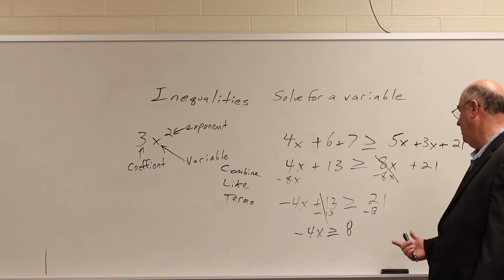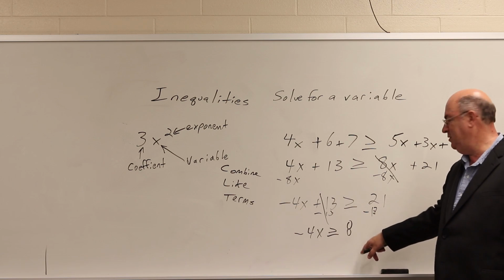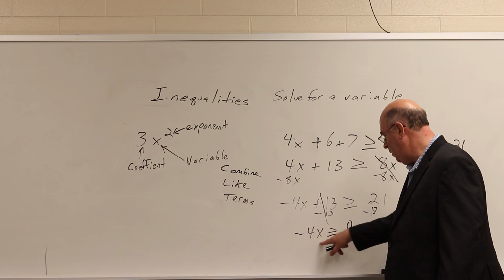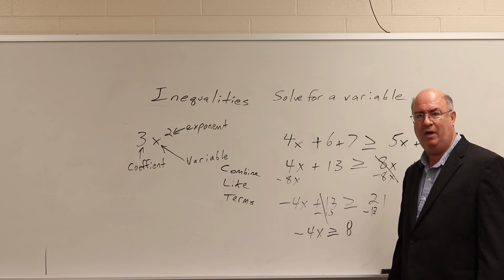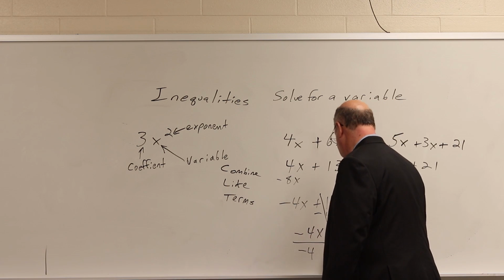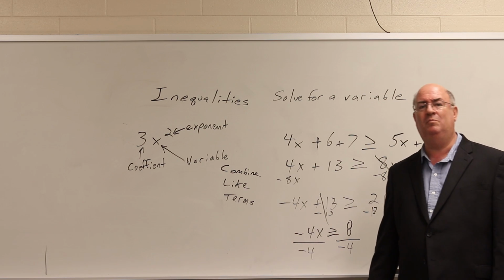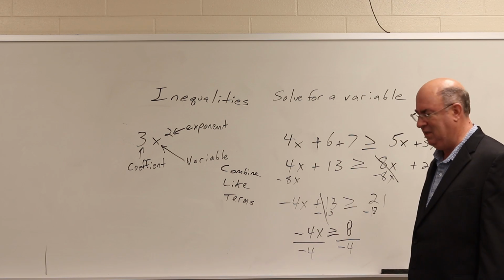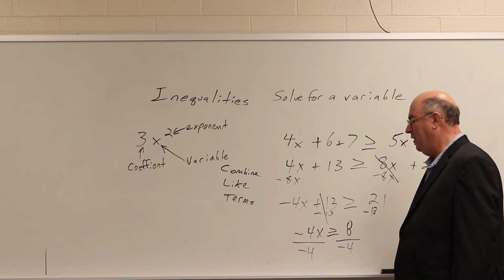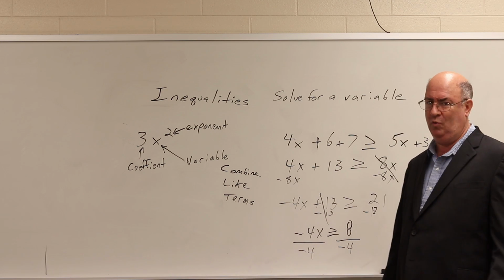Coefficient, yes. Variable, yes. Amount, yes. Okay, we're going to divide each side by minus 4. All right, well, that's no big deal. That's right, it is no big deal, but we have to still do something else. When we divide both sides by minus 4, of course, minus 4 divided by minus 4 is 1.